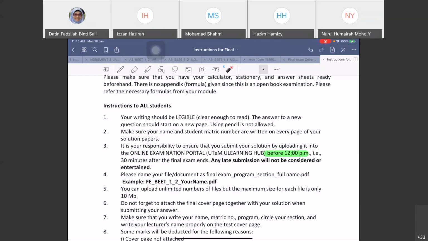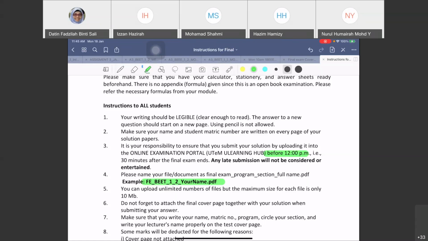Again, this is another important thing: renaming the file. You must follow this. I do not know how many times we should tell you, but until today, even for the assignment, people don't name their file according to what we want.